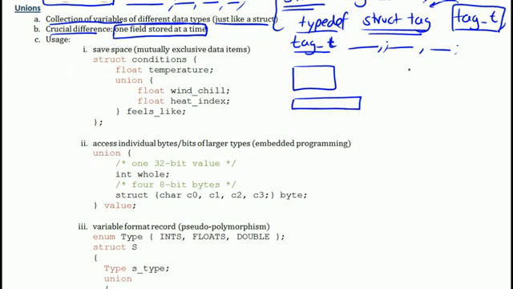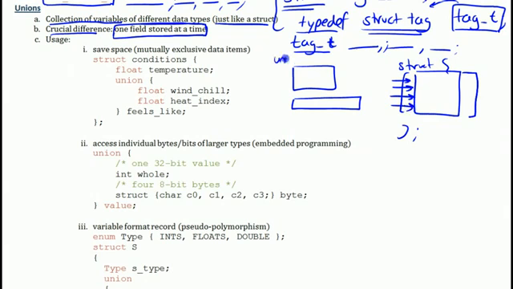So the total memory usage of a struct will be the sum total of the memory usage of all of its fields, right? So you need to be able to store all of the members of a struct in memory. However, for a union, you're going to have multiple members, but only one will be stored at a time.